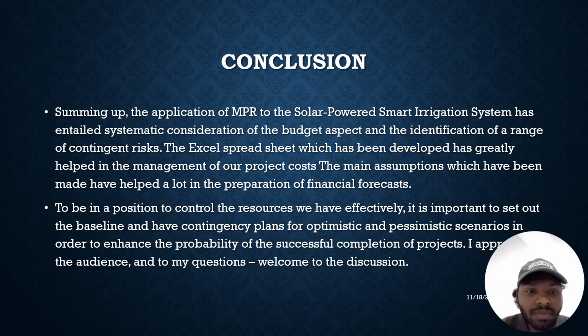And conclusion. Summing up, the application of MRP to the solar-powered smart irrigation system has entailed systematic consideration of the budget aspect and the identification of the range of contingent risks. The Excel spreadsheet which has been developed has greatly helped in the management of our project cost. The main assumptions which have been made have helped a lot in the presentation of the financial forecast.